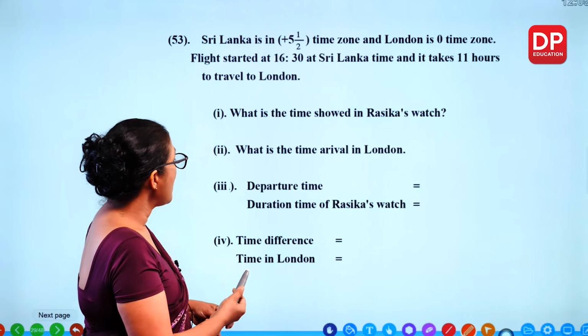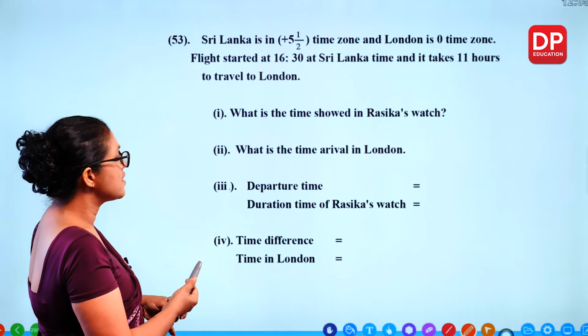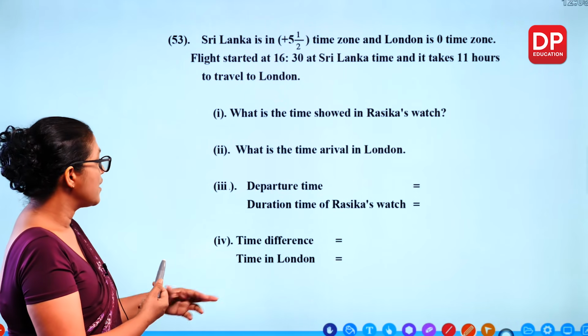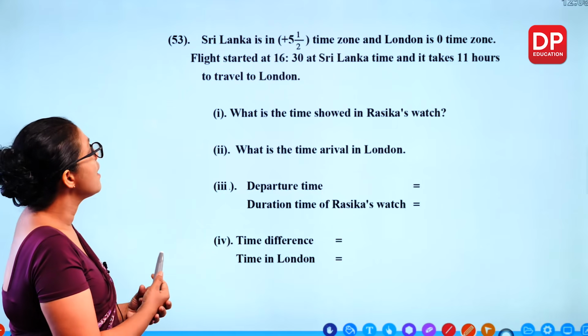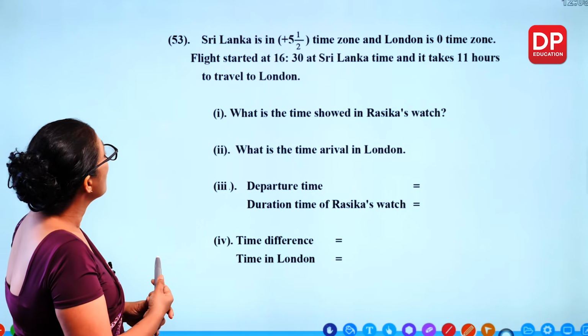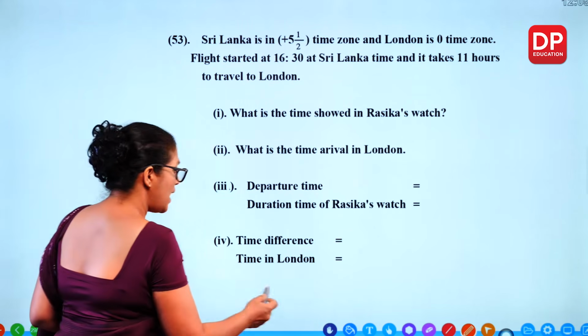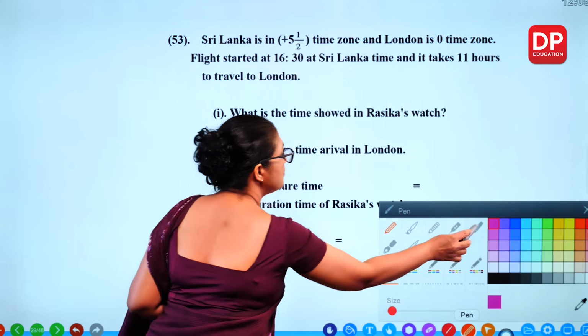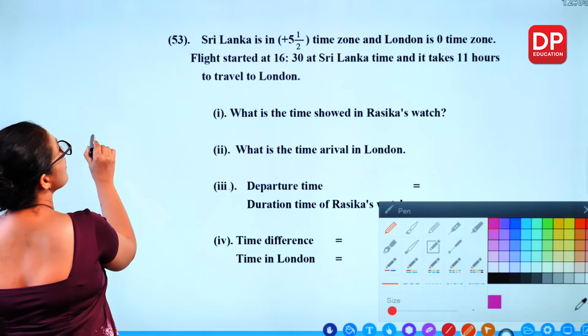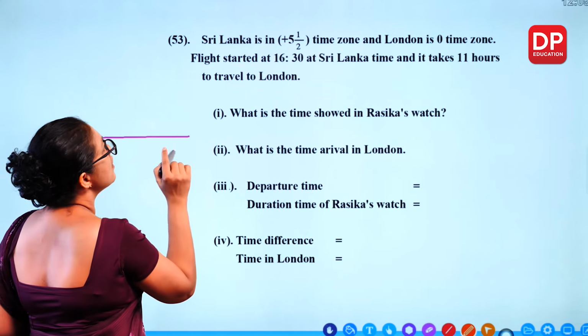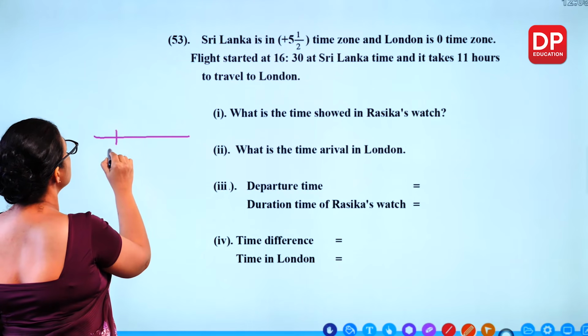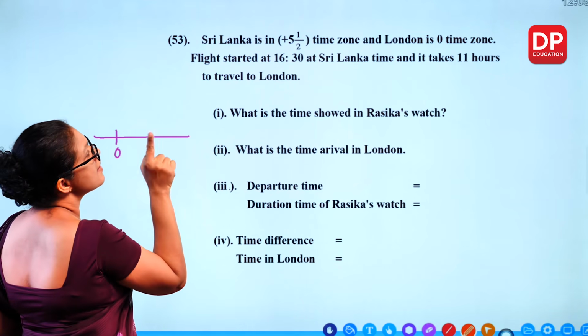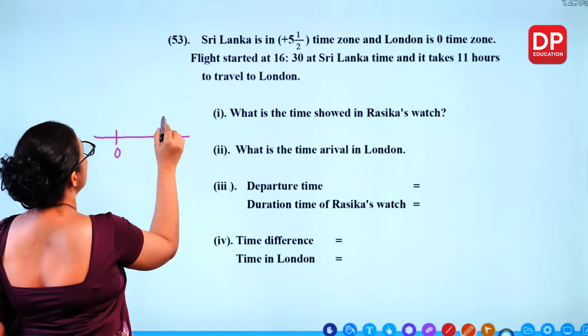So departure time, duration time of Rasika's watch, and we'll find out what's the time in London. So how do we do that? First consider the time zone. 0 is the London time.